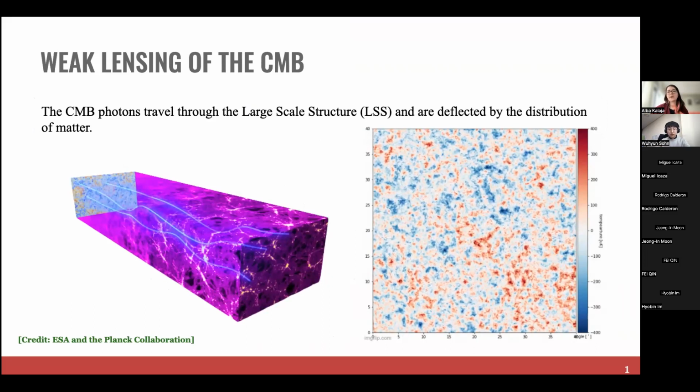Here you see a patch of the sky of the CMB that is being lensed. So you probably have a hard time seeing the effect, but that's the point of it. The effect of lensing is really small and it's coherent across several degrees. But it's still a signal that can be measured and can be used to do some interesting cosmology.